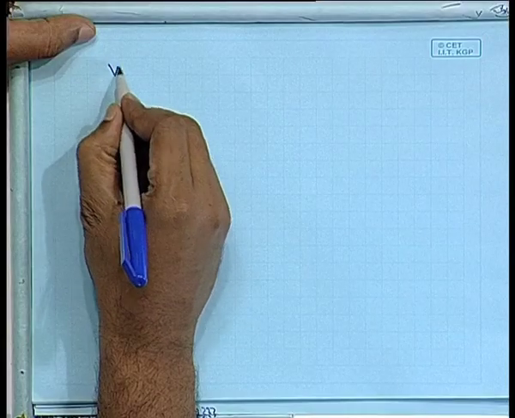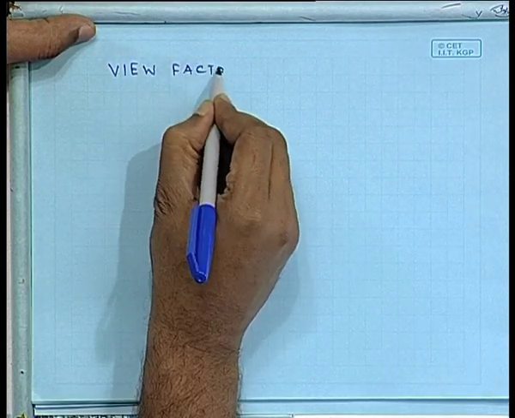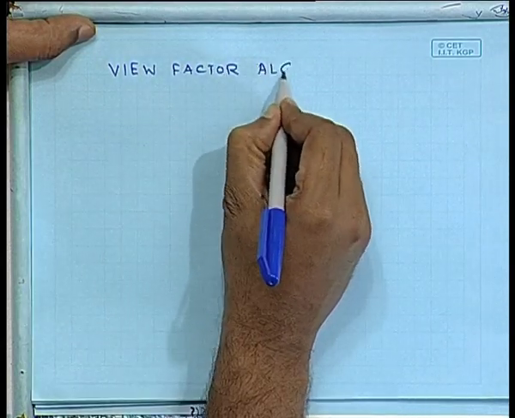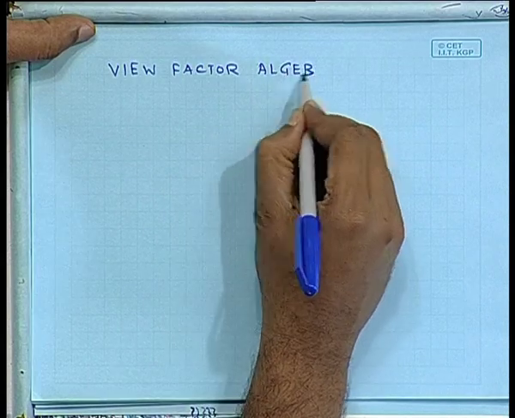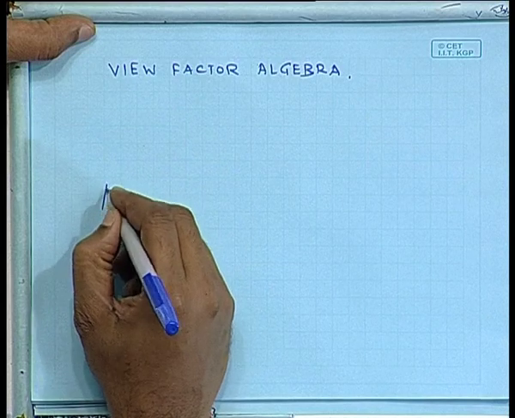but to answer your questions in a bit more detail, there is something which is known as view factor algebra, which is very simple. Like most of the things in radiation, it's very simple.